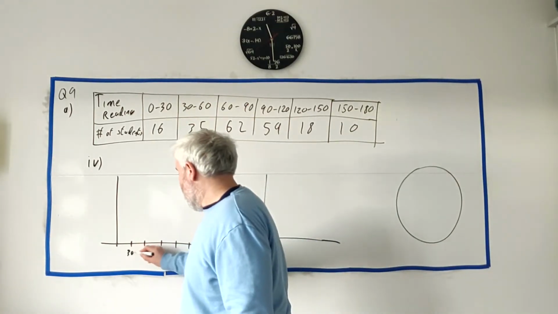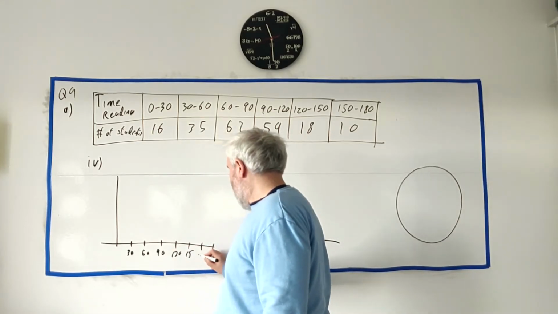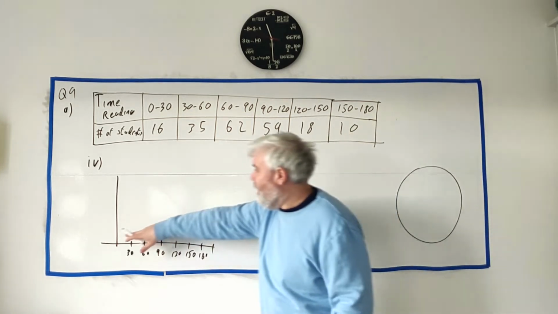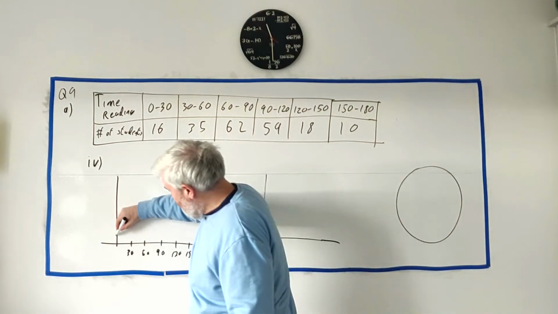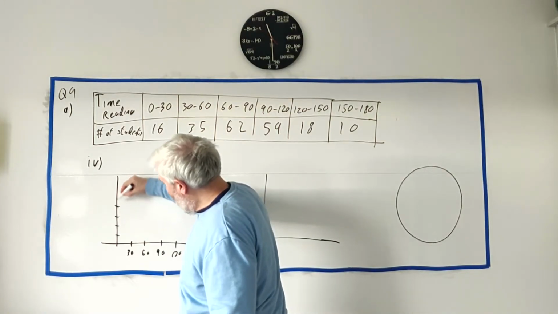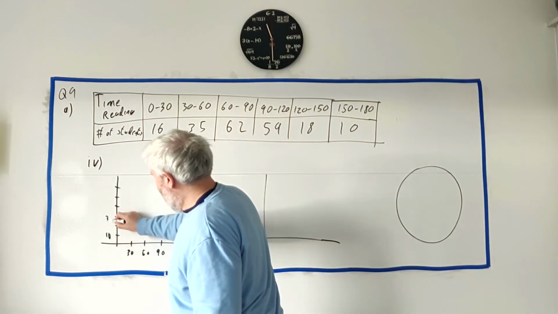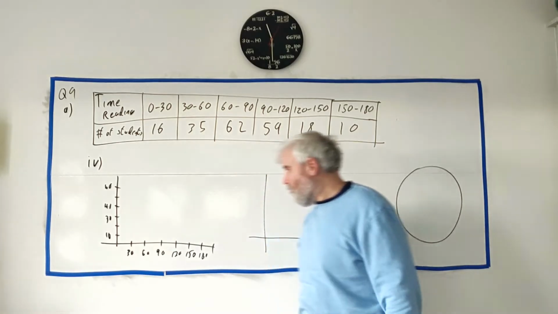For me, I'll just have to do it quite roughly. 120, 150 and 180. And then going up the side, I need to go up as high as 60, around 60 I need. So let's just put in 6 of them. 1, 2, 3, 4, 5, 6. So that's 10, 20, 30, 40, 60, so on.